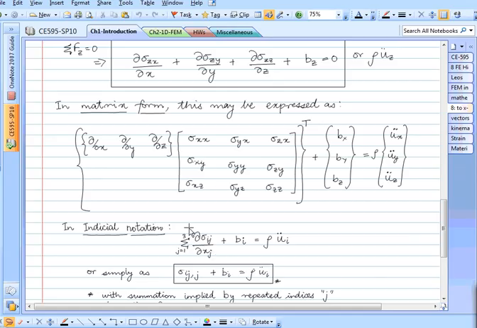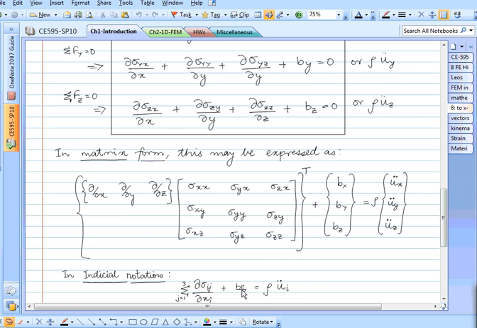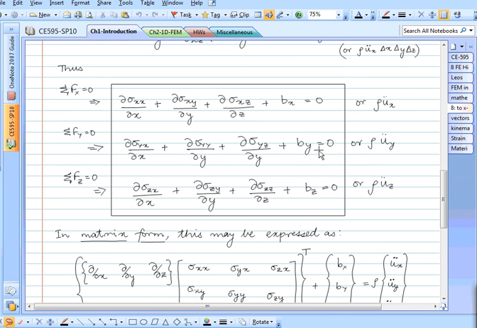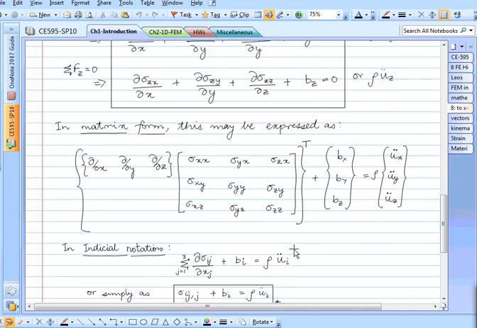And this equation is where the index j is summed up from 1 to 3. So for a particular value of i, let's say i is equal to 1 or i is equal to x, if you plug that in here, what you're going to get is this first equation right here. If you plug the value of i is equal to 2, you get the second equation. If you plug the value i is equal to 3, you get the third equation.